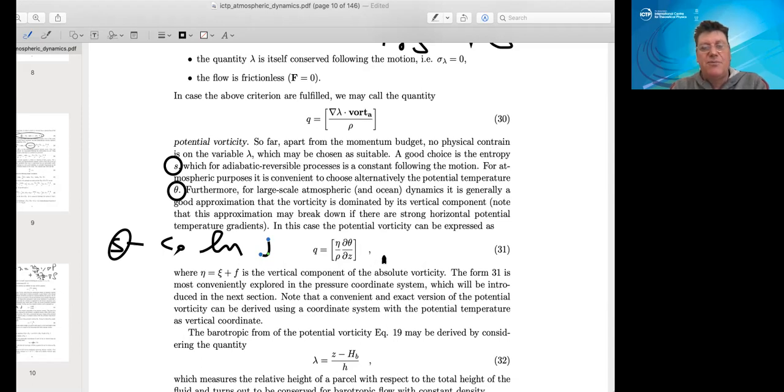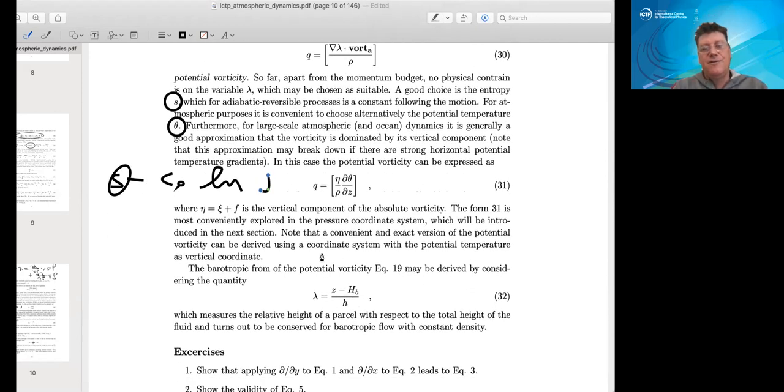So we have a triple product here, which makes this a little bit complicated. But we will see, once we have transformed, that we will do this in the next section. We transform many quantities into the pressure coordinate system. And then this triple product becomes a double product, just a product of two quantities. So it's a little bit simpler.